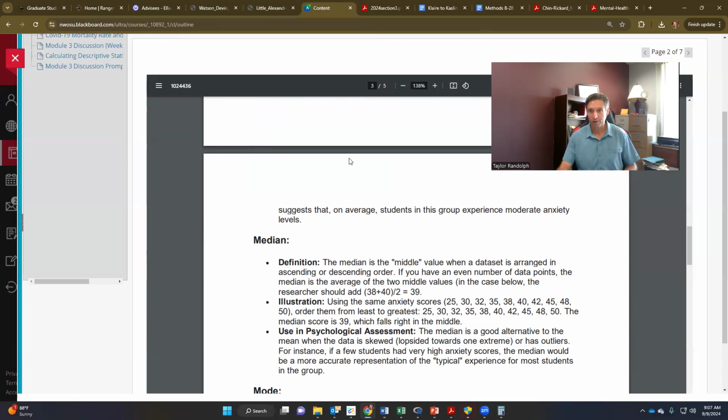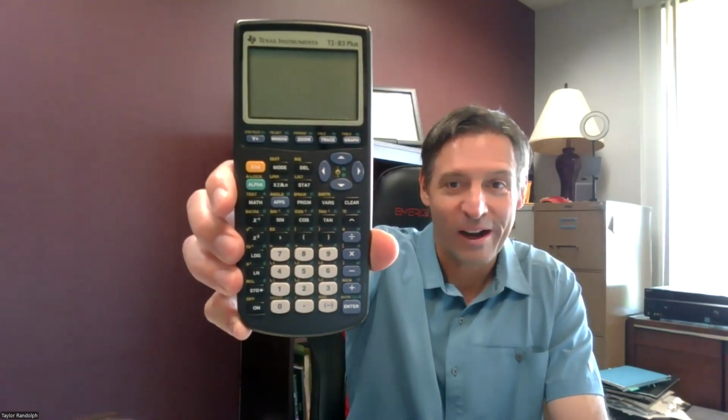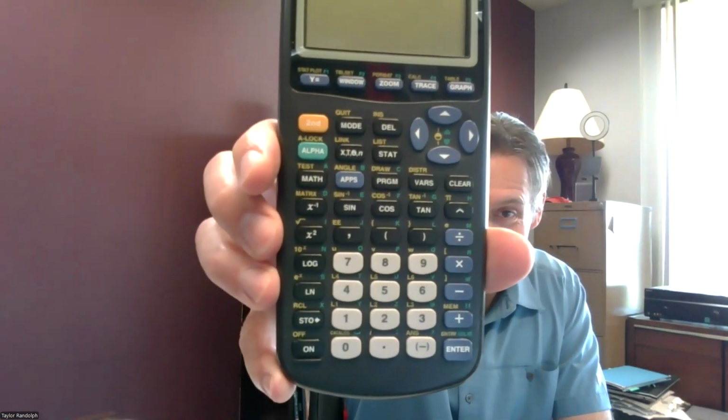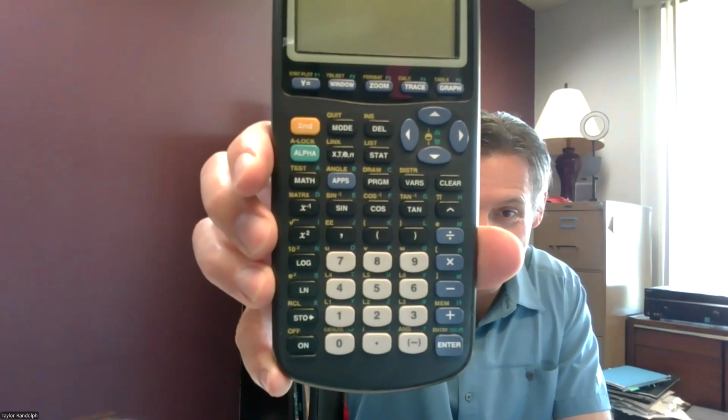When I first took statistics, and I think even when I took statistics again, I was actually using something like this here. So this is a TI-81, or is it 83? TI-83 plus. I think I used the TI-81 too. It was required for my statistics class. And so you can see all the little functions that go along there.